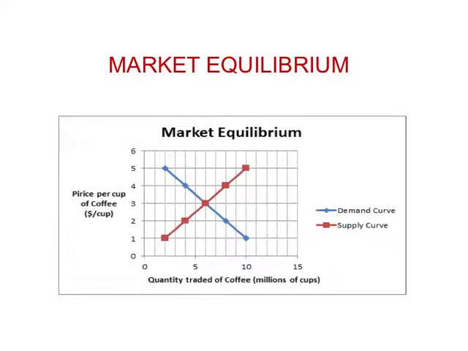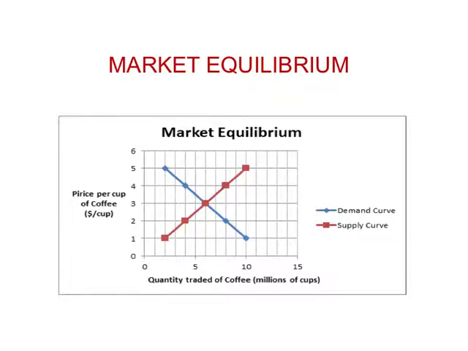Let us revisit the diagram we had used in the previous video. We know the blue colored line is the demand curve, the red colored line is the supply curve, and these two intersect at this point. Wherever they intersect, that simply means quantity demanded equals quantity supplied.